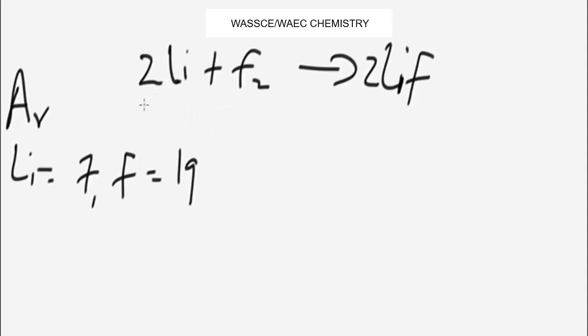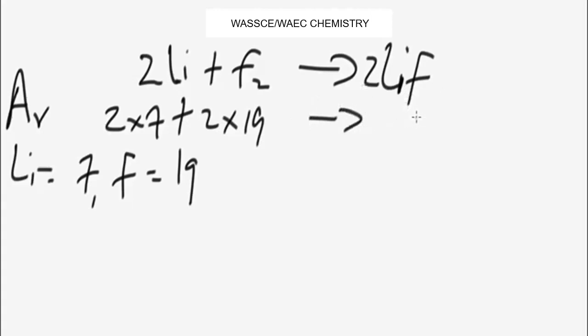So for the one on the left, it's going to be 2 atoms of lithium times 7, so 2 times 7, plus 2 atoms of fluorine, so 2 times 19. On the right, lithium is 7 plus fluorine is 19.